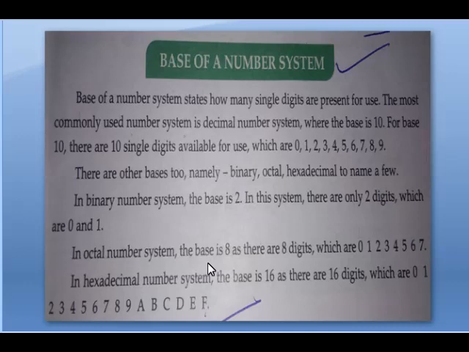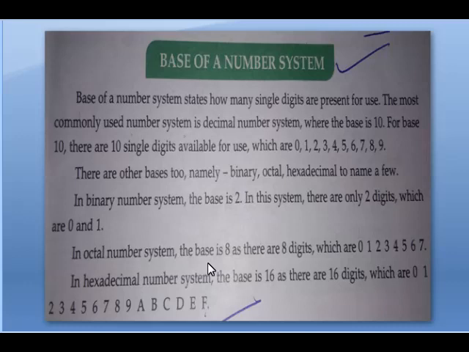Next one is hexadecimal number system. In hexadecimal number system, the base is 16 as there are 16 digits. The numbers start from 0, 1, 2, 3, 4, 5, 6, 7, 8, 9.